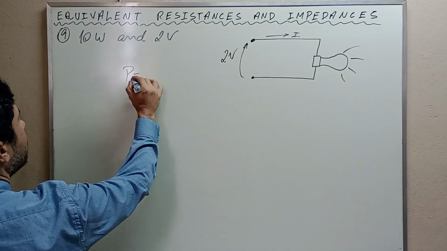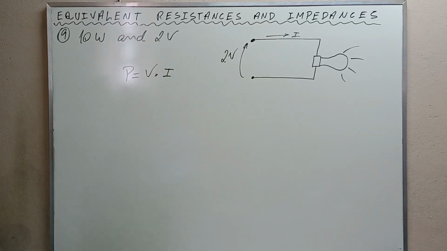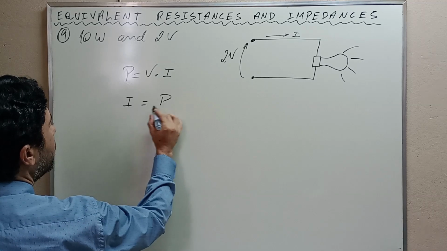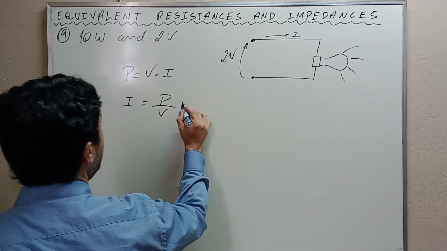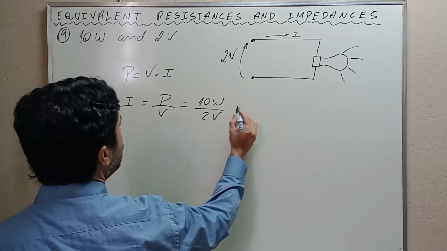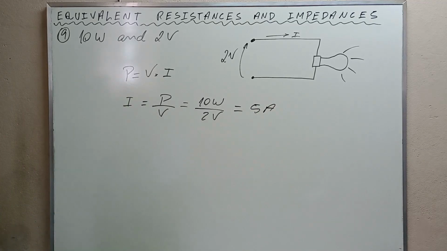Power is equal to voltage times current. Assuming that the impedance of the lamp is purely resistive, we find the current. The current will be equal to power divided by voltage, which is 10 watts divided by 2 volts, and we find 5 amps. This is the current it draws, the first result.